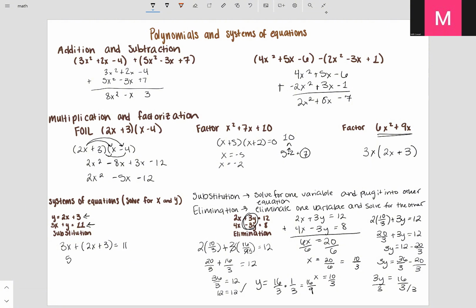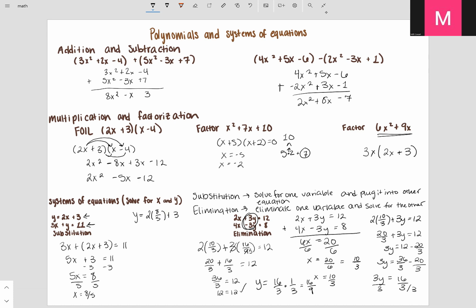So that will be 5x plus 3 equals 11, minus 3. 5x equals 8. So x equals 8/5. Then we can plug that back in for y, or plug in x in this equation.